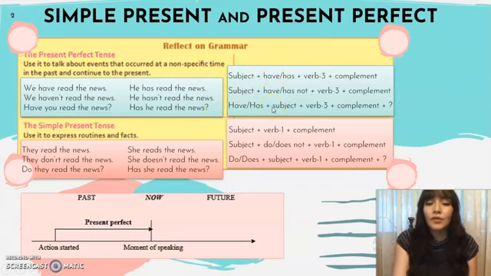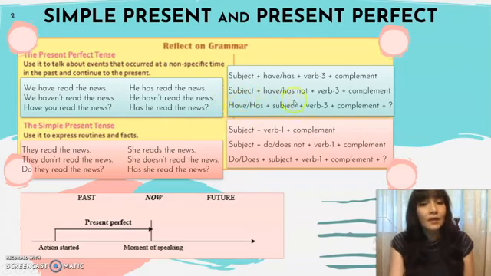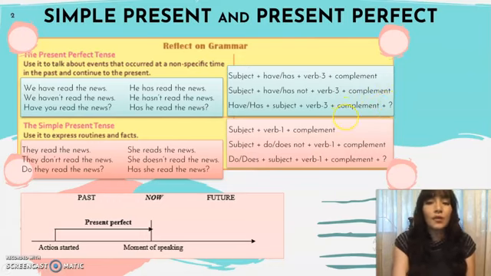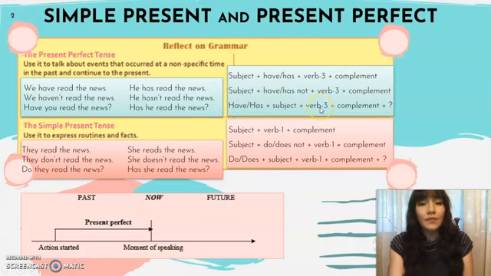But for questions, we first have to write the auxiliary verb and then the subject. The rest is the same: verb in the past participle and complement. But also, here we have to add the question mark. We don't have to forget to add the question mark. So the structure is auxiliary verb, subject, verb in past participle, and complement.